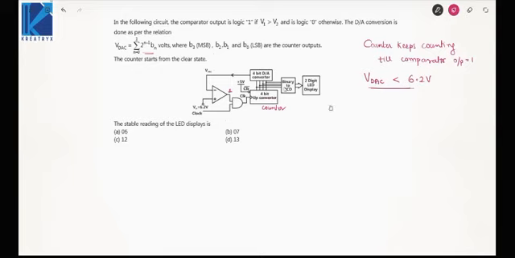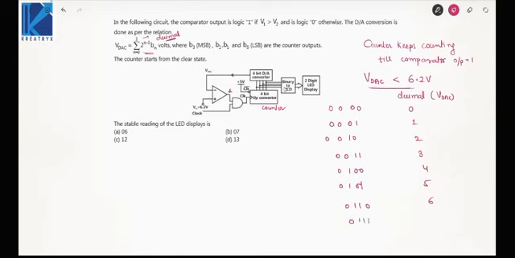Now, initially the counter will be 0, 0, 0, 0. What is the decimal value? It is 0. This relation is basically giving the decimal value and nothing else, because this is the method of conversion to decimal. That itself is VDAC. For 0001, 1, 0010, 2, 0011, 3, 0100, 4, 0101, 5, 0110, 6, 0111, 7.